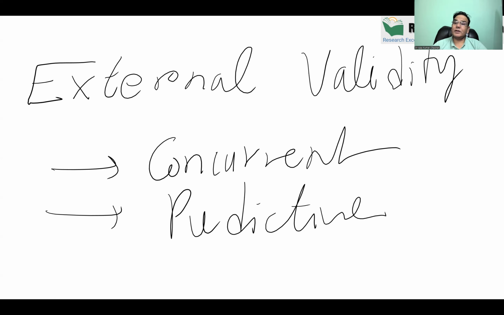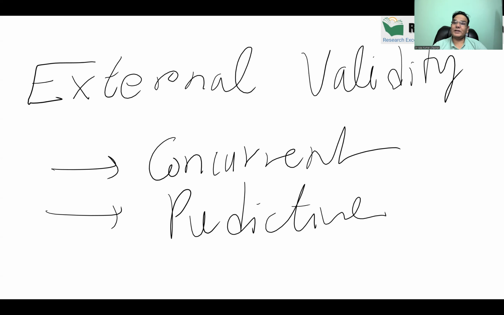If all the results are giving you the same result, then this is known as concurrent external validity. जैसे कोविड के टाइम पे क्या हुआ था, कुछ एक्सपेरिमेंट इंडिया में हुए थे, सेम एक्सपेरिमेंट यूएस, सेम एक्सपेरिमेंट इन यूरोप, and all experiments came to the same result, same conclusion. So when all the results lead to the same conclusion, this is called external validity.